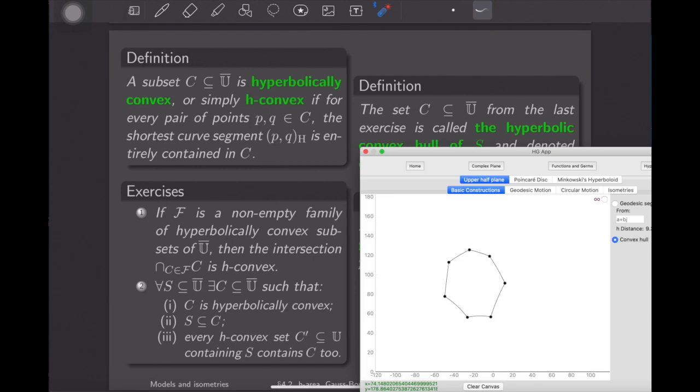I mean, as I already mentioned, every pair of points in U bar determines a shortest curve, and not only every pair of points in U.